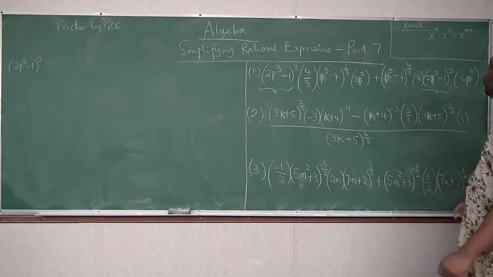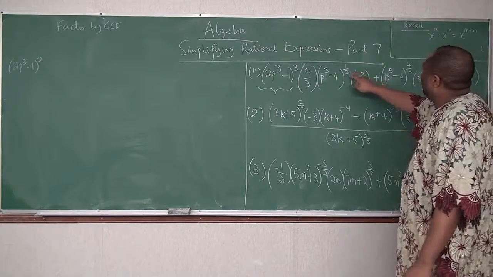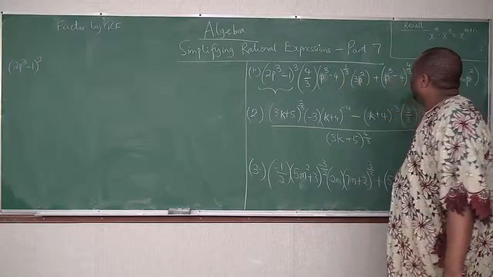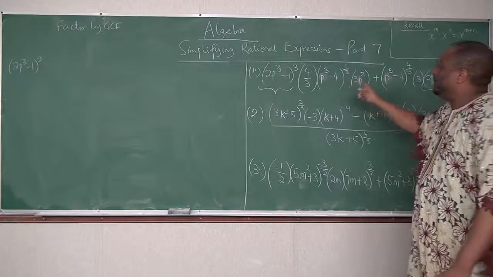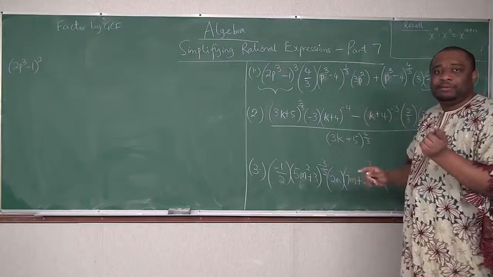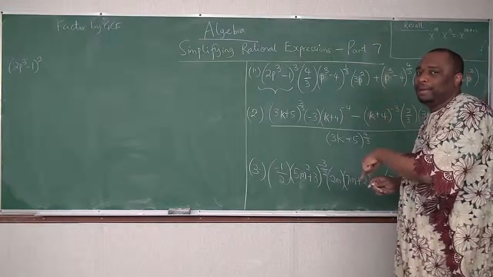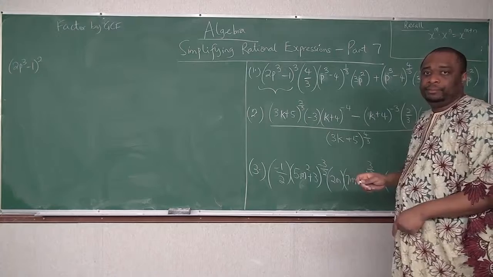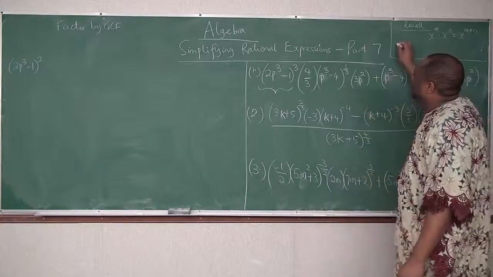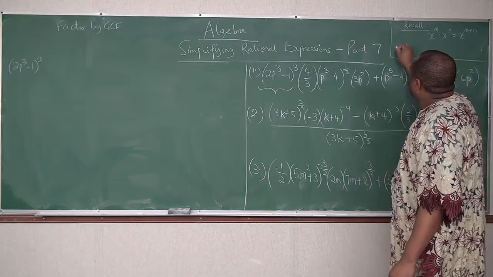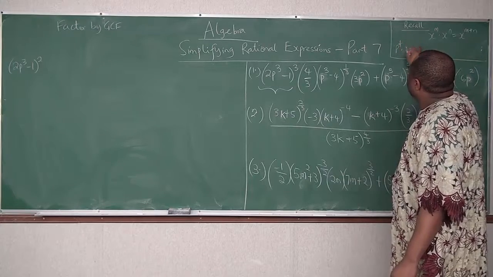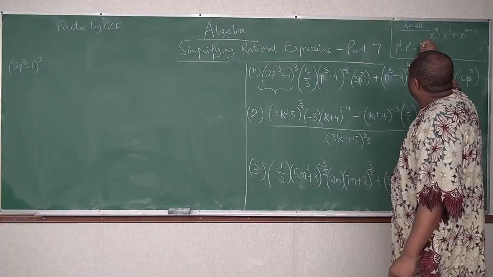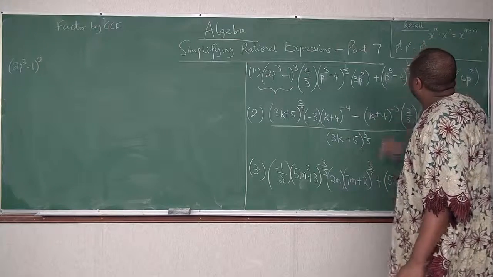So if you pick 1 over 3, you ask yourself, what will you multiply by that to give you 4 over 3? If you have maybe p exponent 1 over 3 times p exponent k, equal to p exponent 4 over 3.